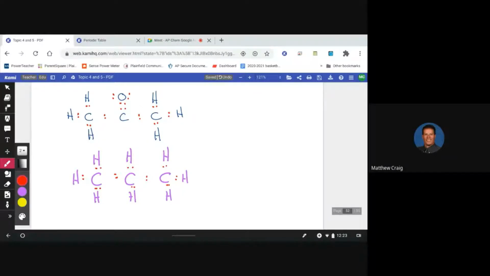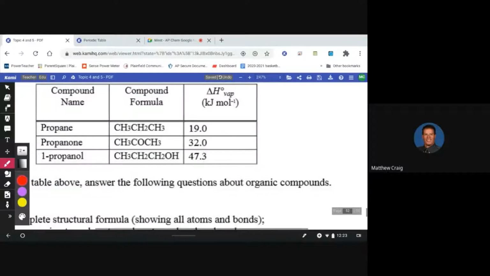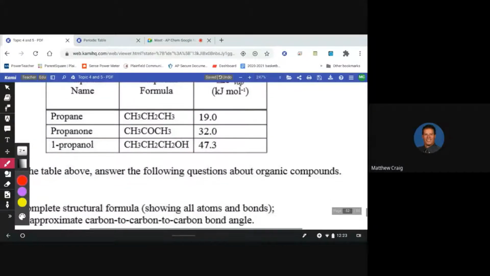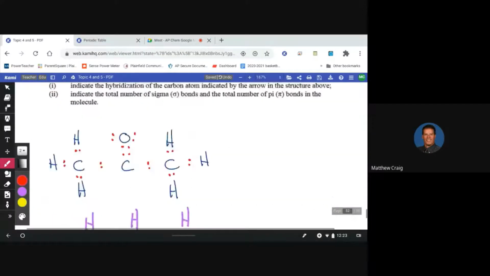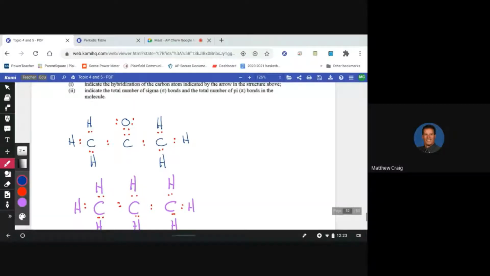First of all, why is the heat of vaporization higher for the propanone than the propane? Okay. Well, let's do this. For the propanone, is this polar or nonpolar? Polar.